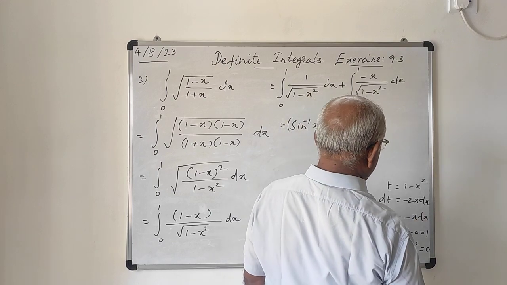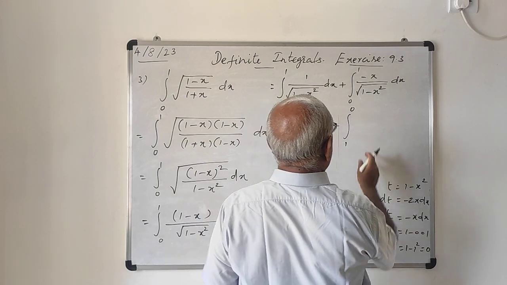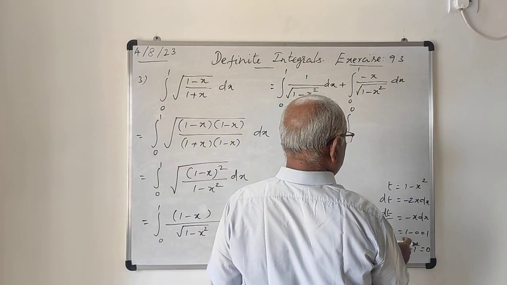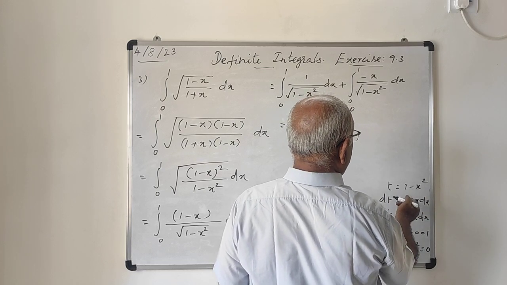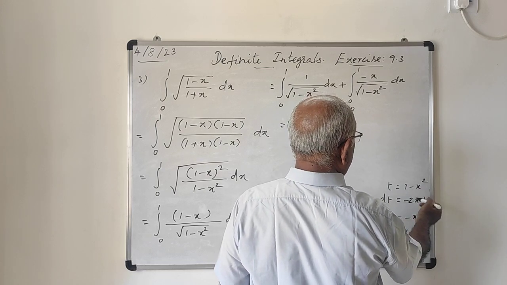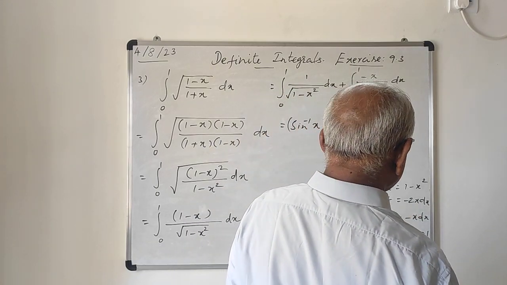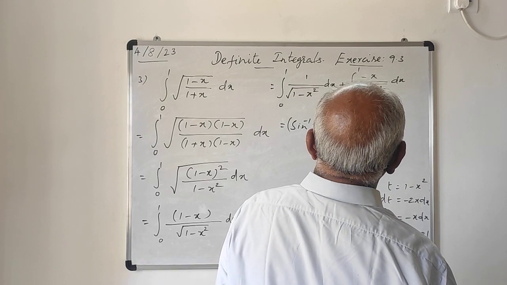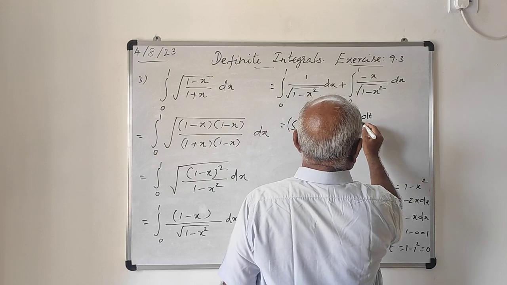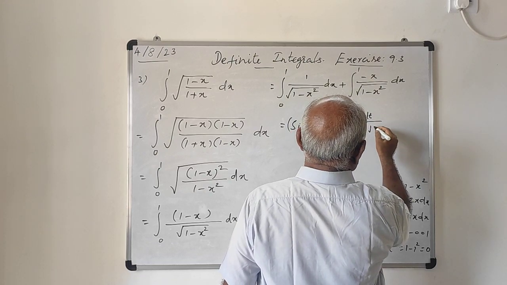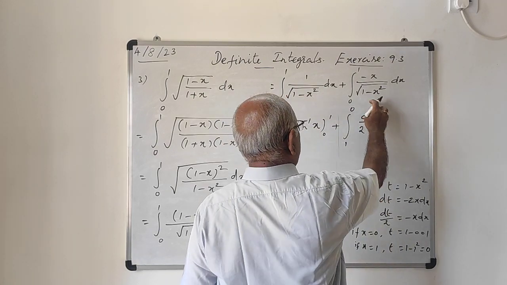Minus x dx is dt by 2, and in the denominator we have root t, because we are replacing 1 minus x square by t.